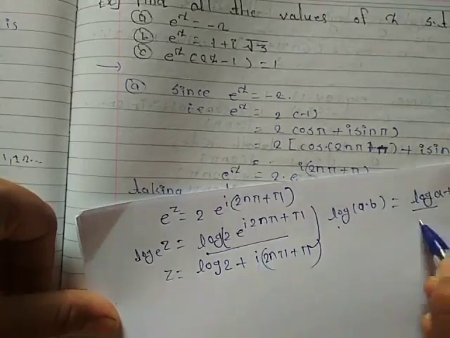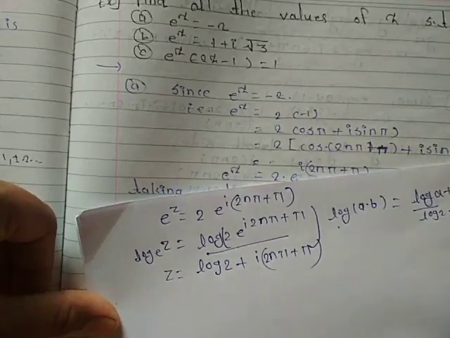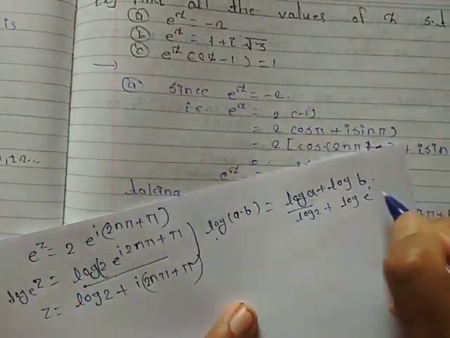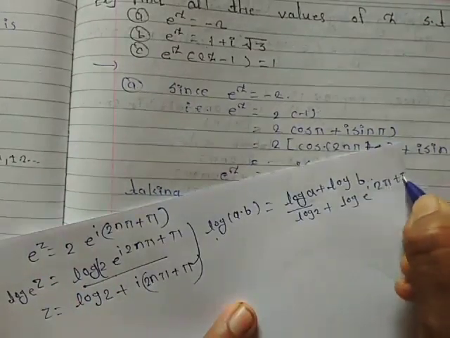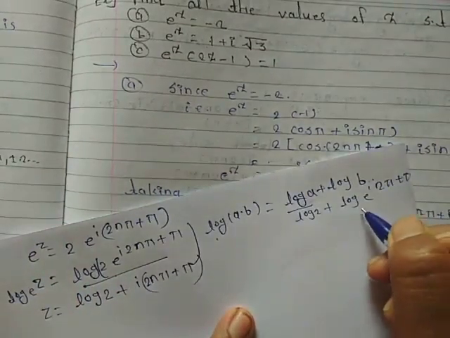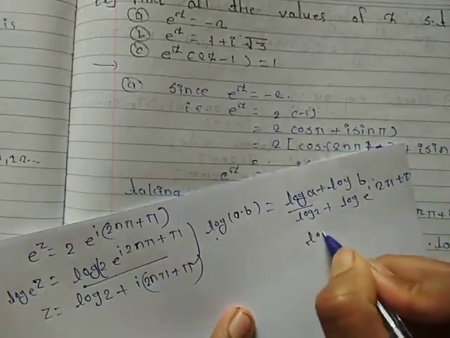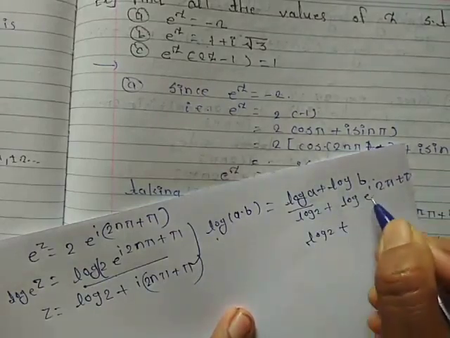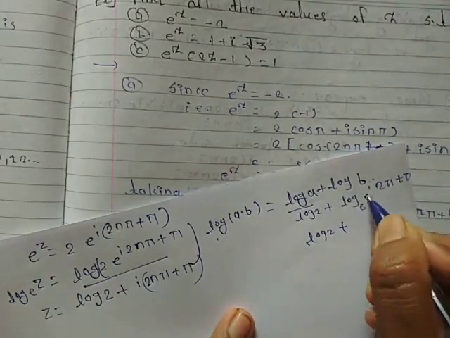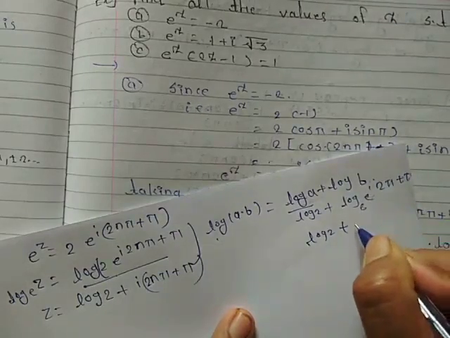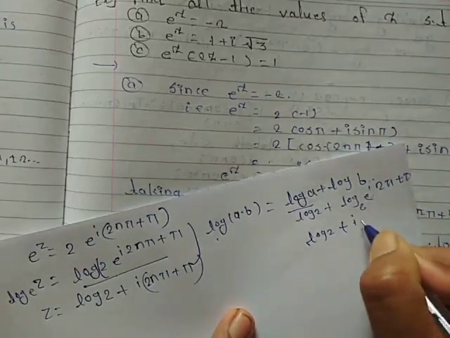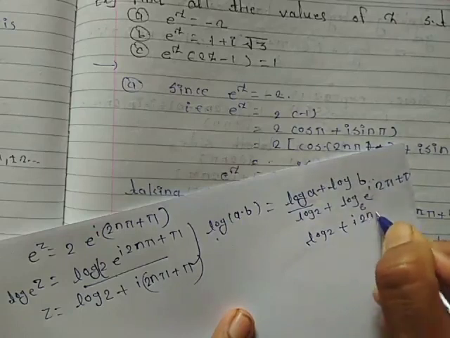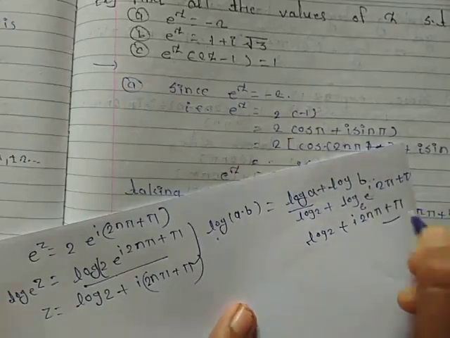Here a is 2 and b is e raised to i(2nπ + π). So log 2 stays as it is, plus log to the base e of e is 1, so here only i into (2nπ + π) remains. Okay.